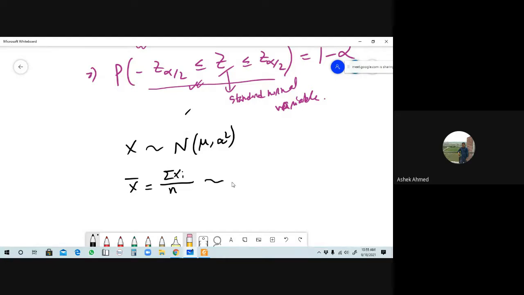This value will be a normal variable with mean mu and variance sigma square by n.